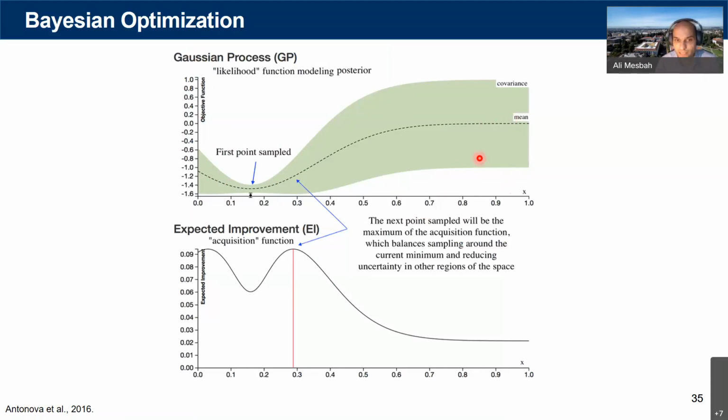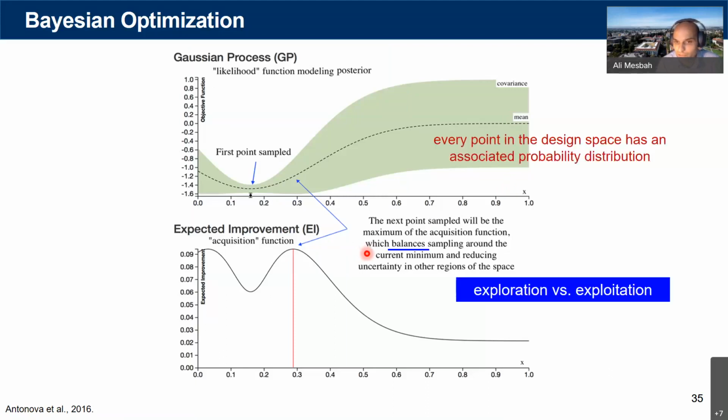This acquisition function essentially helps us specify the next point through maximizing some acquisition function. And the important thing to note here is that it balances sampling around the current minimum and reducing the uncertainty in other regions of space.